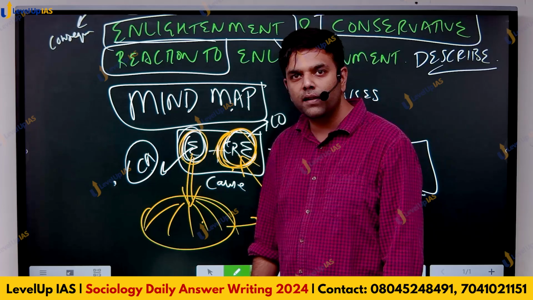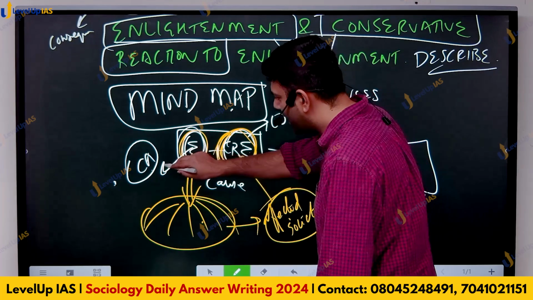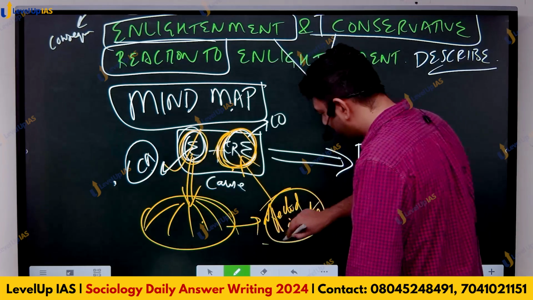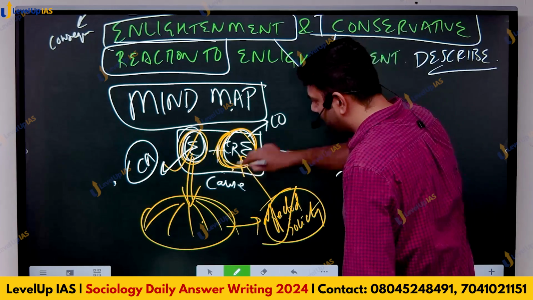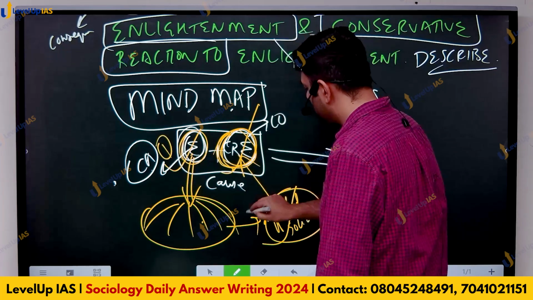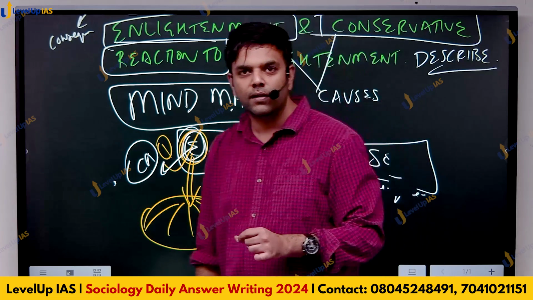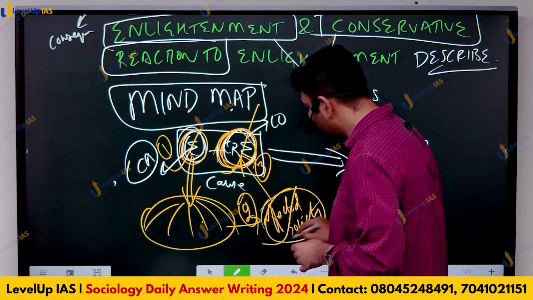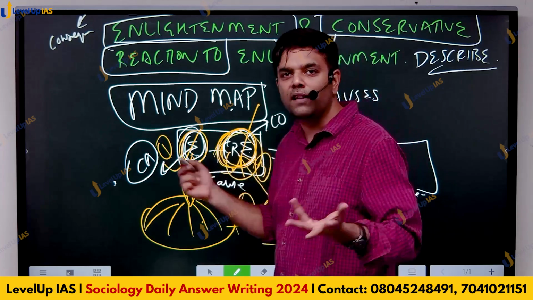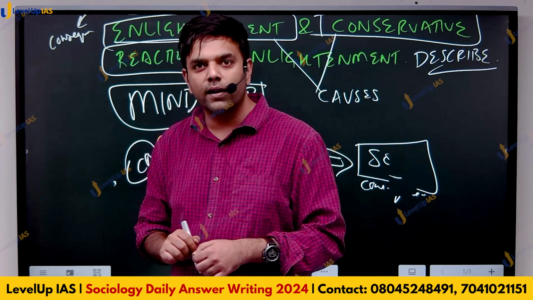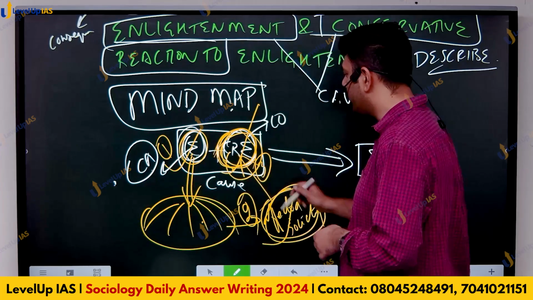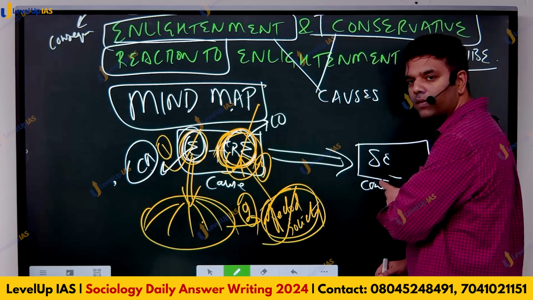conservative reaction is developing. Now we have checked this, we have checked this, and we have checked this. So 1 is done, 2 is done, 3 is done. Why did we explain 2? Because without explaining 2, 3 cannot be explained. So 1, 2, 3. Now 1 is left. Consequence.